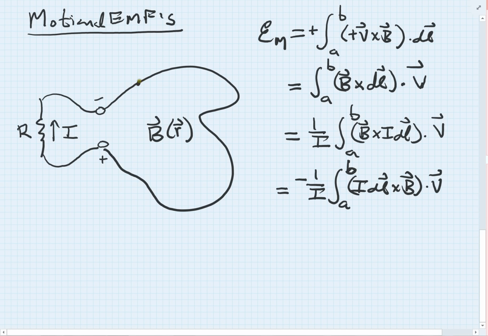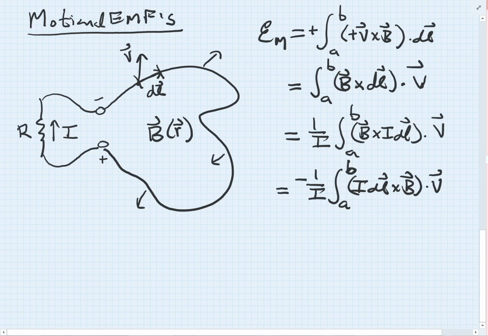Here's a little chunk of my loop, a little dl, as I integrate around my loop like so. And that dl is moving around in the magnetic field as this loop is changing its shape and moving around, different portions of it moving in different directions. This thing might be moving, say, off in a direction like this, v.